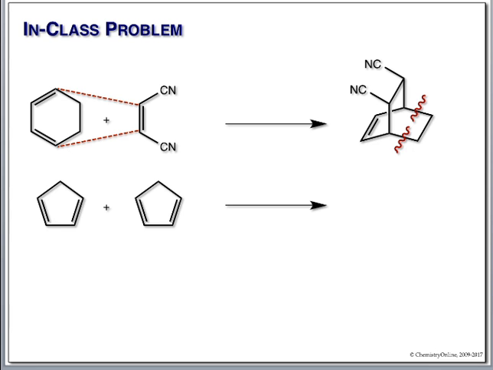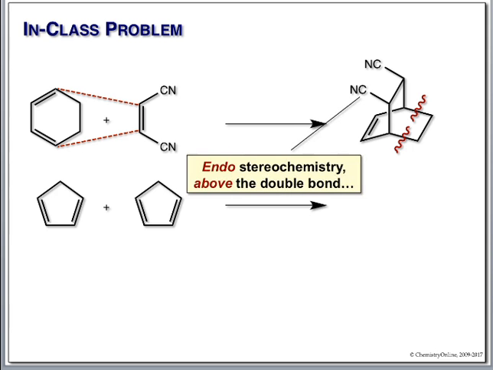You want the pi system of your dienophile to line up, as if it can, with the pi system of the double bond that's left. Endo stereochemistry, simple way to remember it is that we're above the double bond.